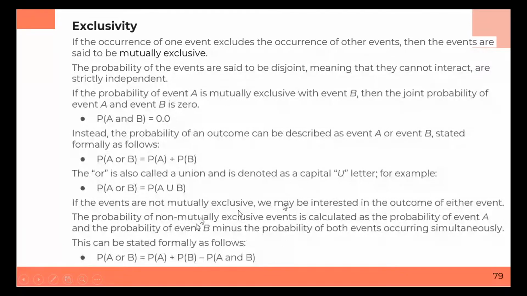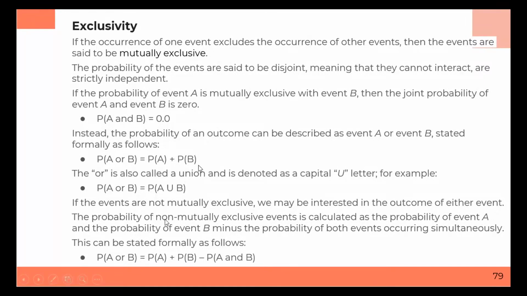The probability of non-mutually exclusive events is calculated as the probability of event A plus the probability of event B, minus the probability of both events A and B occurring at a time.